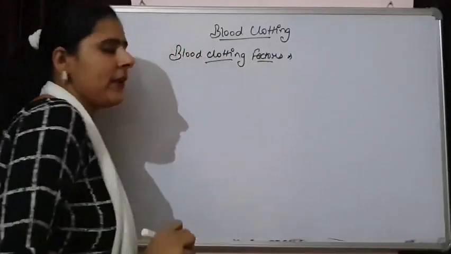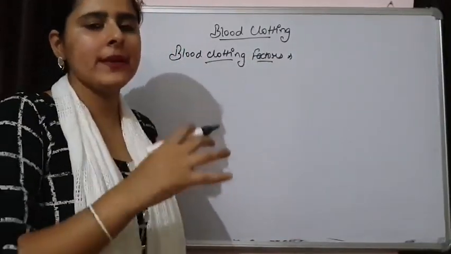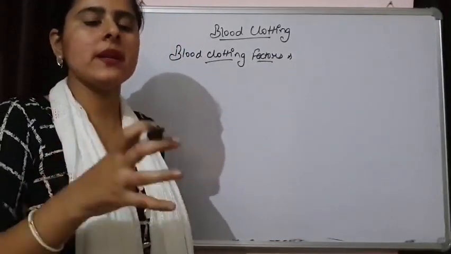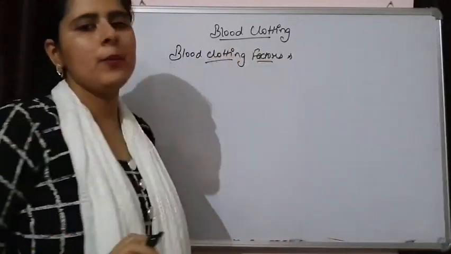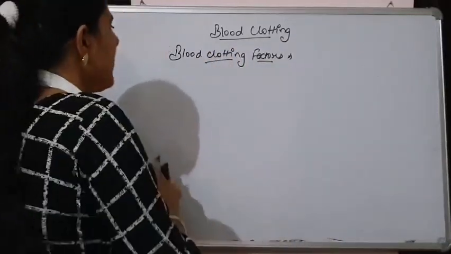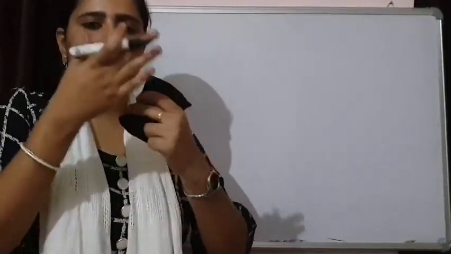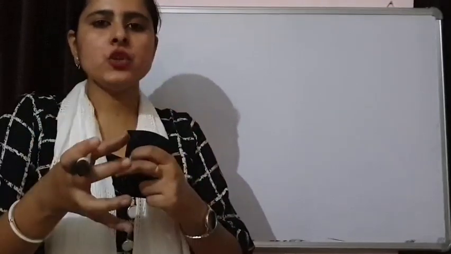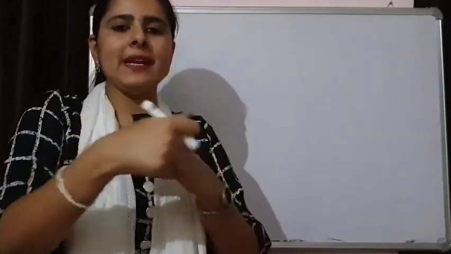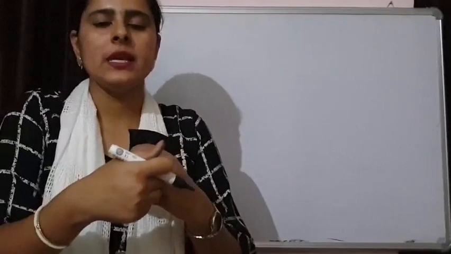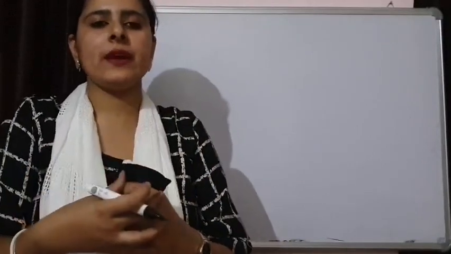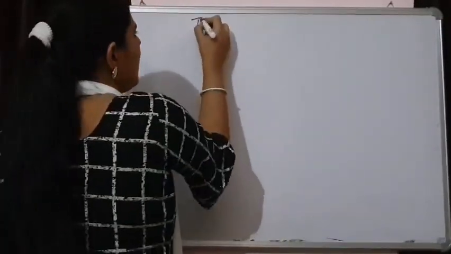How are these blood clotting factors working? Platelets, the blood cell corpuscles, also help in the blood clotting mechanism. What will be the cascade? Whenever we have an injury, at the place of injury the injured tissues as well as the platelets present there release a factor known as thromboplastin.